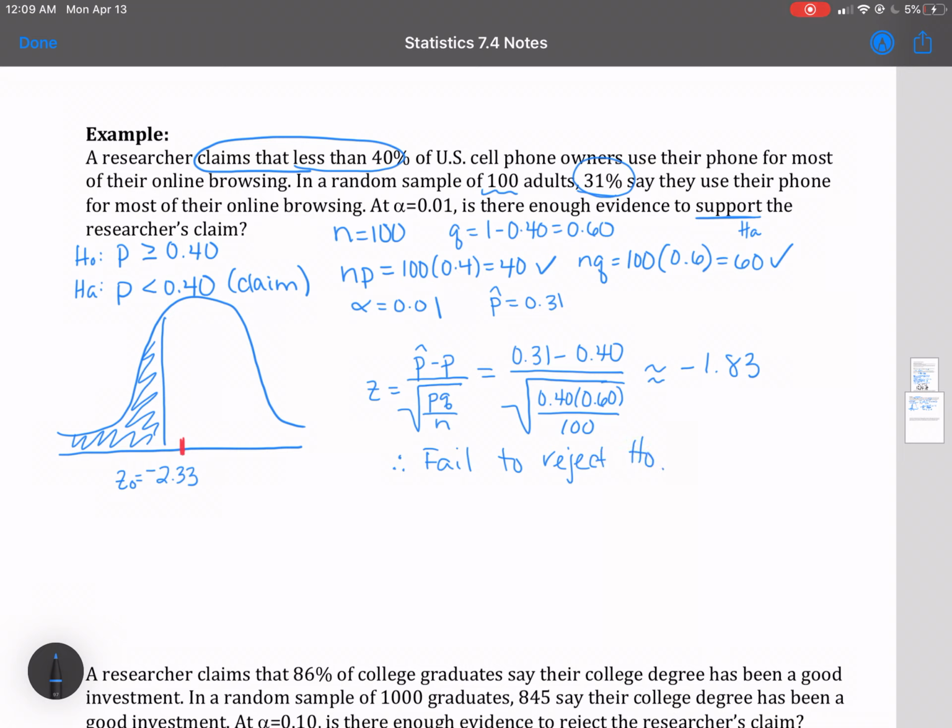So if we want to interpret the claim, remember we start off normally with our percentage.